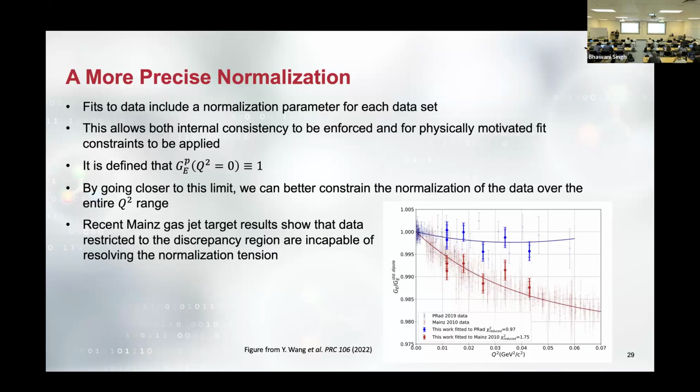There's no reason they shouldn't when you're looking at this GE parameter. Cross-section depends on the beam energy, but GE should not. GE is defined as 1 at Q² of 0, so that gives you kind of an anchor point when you're doing your fitting, when you're trying to assess your normalization. And if we go closer to the limit, we can really just better constrain our normalization of the data over that entire Q² range.